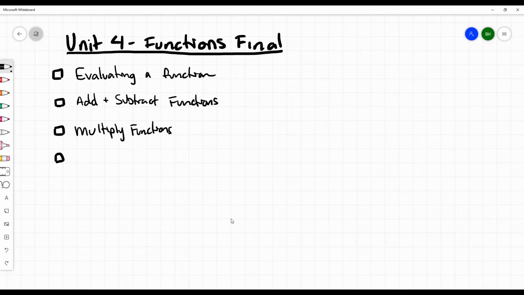And then ultimately, we're going to be able to display an understanding of the composition of functions. And that'll be it. Oh, and a little bit of factoring.